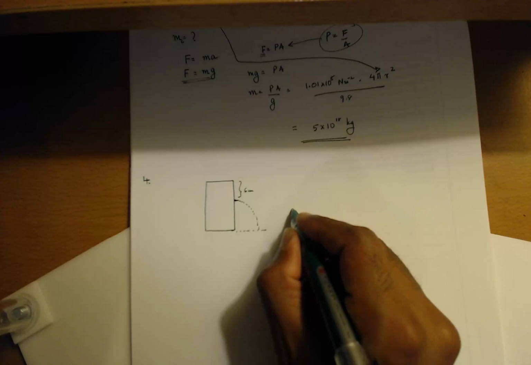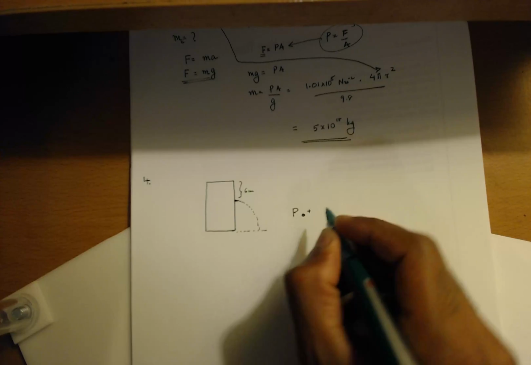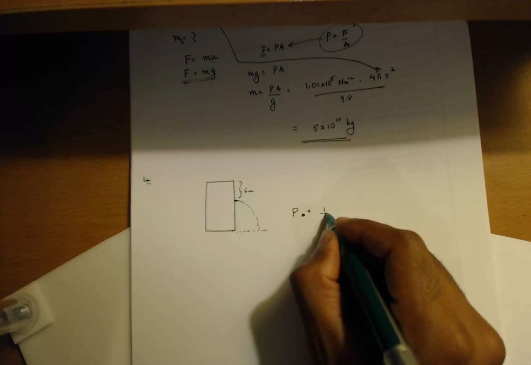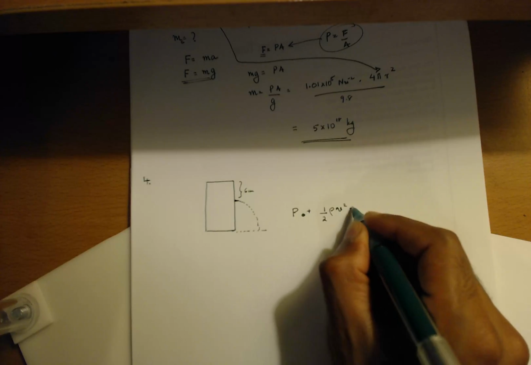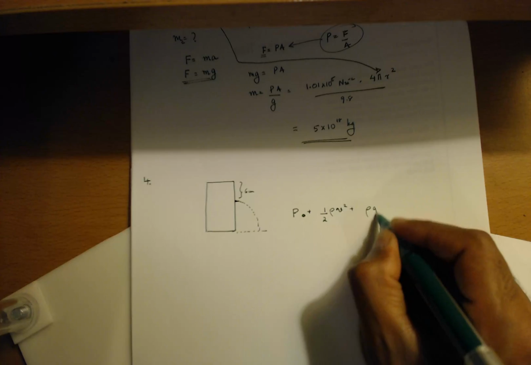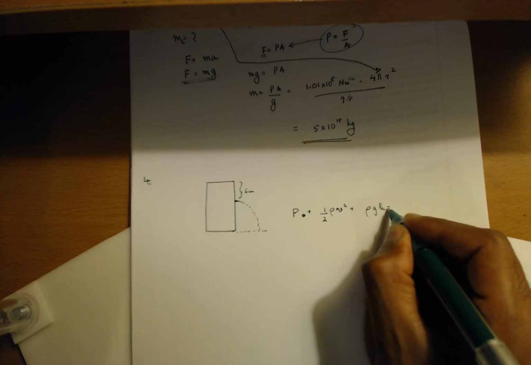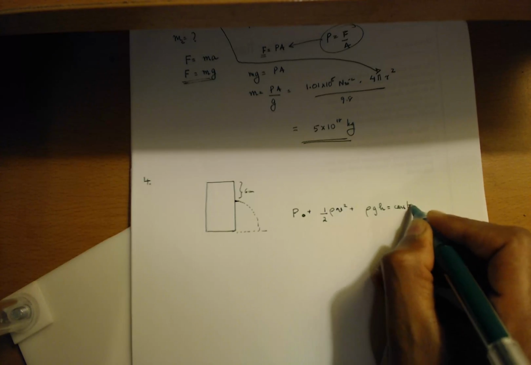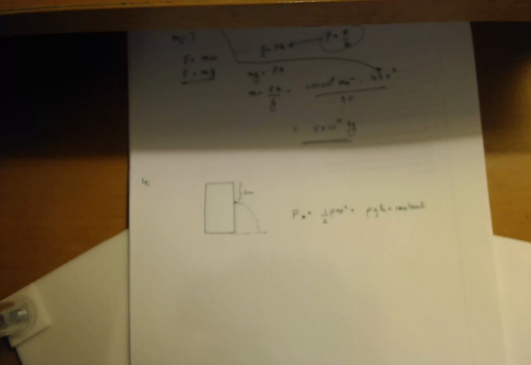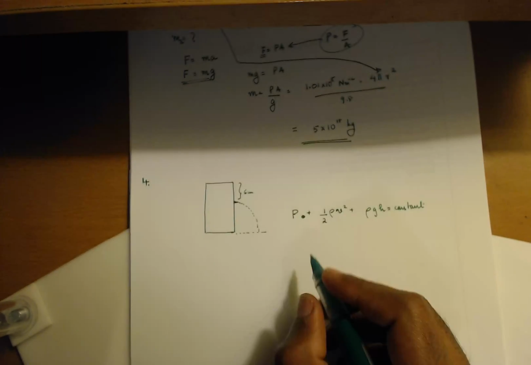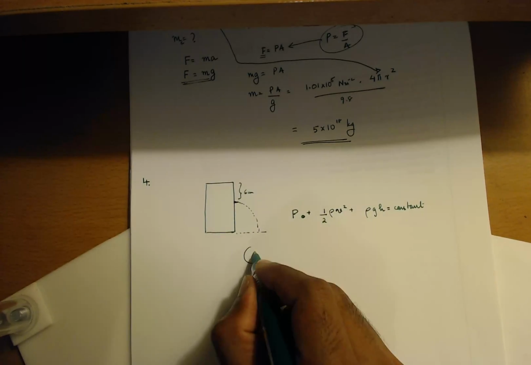First of all, what does Bernoulli's equation look like? It says pressure plus half density times velocity squared plus density times g times h is a constant, or is conserved, or it could also be said that initial equals final.